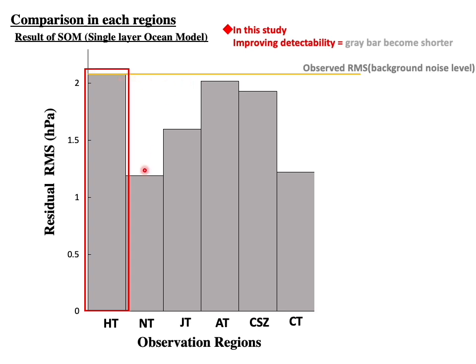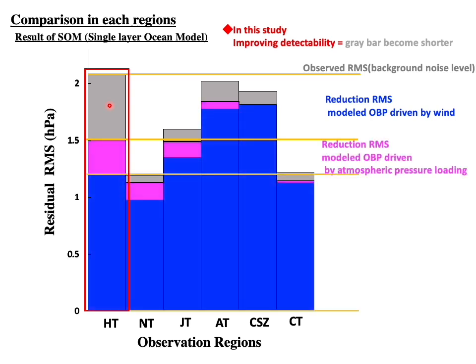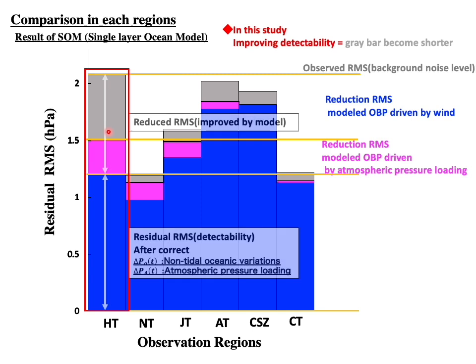So we applied the wind forced bottom pressure model firstly, and we can see how much the noise level was reduced. After that, we applied the atmospheric pressure loading ocean bottom model secondly. Also, we can check the effectiveness of models. Finally, we get this blue bar as the residual RMS as the proxy of detectability. Smaller signals can be detected if it is short.